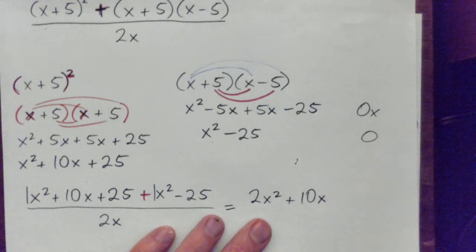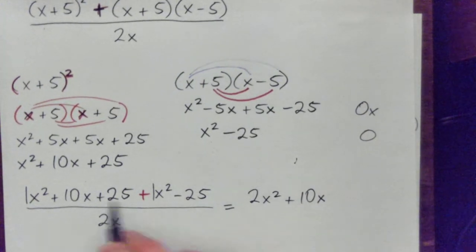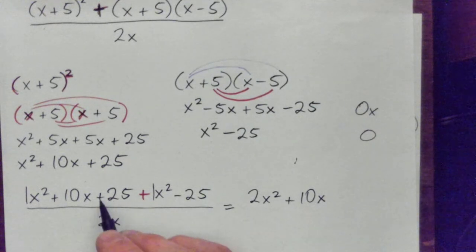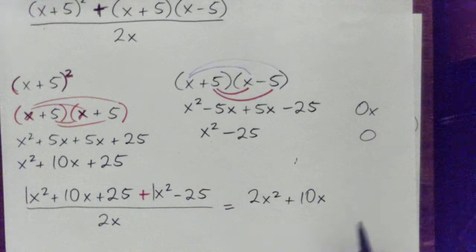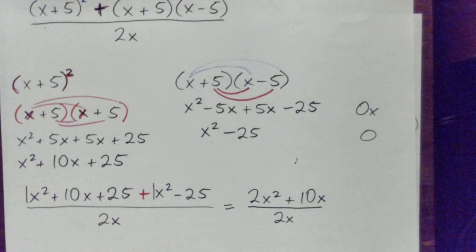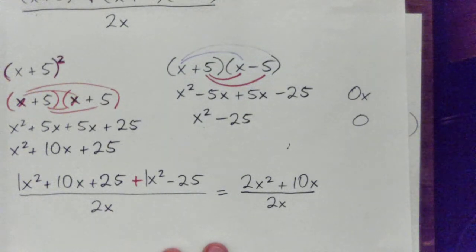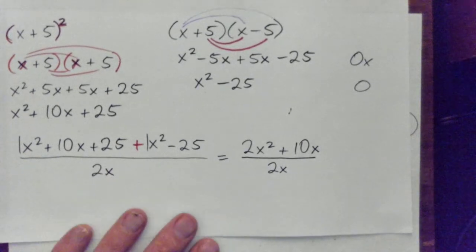Right, but it's 10x. Yeah, now 25 minus 25, like you say, that is 0, right? So it's 2x squared plus 10x all over 2x, right?